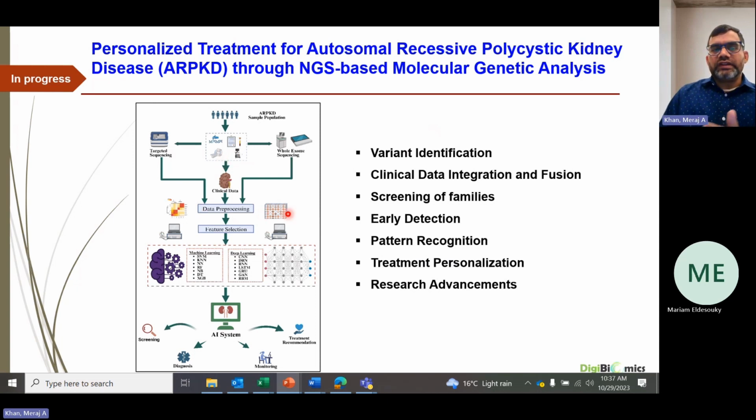Along with that, we're going to collect the clinical data, the environmental data, and the geo-specific data, and combine everything, so that the whole data set from three to four components, not only the genomic, will help us find the pattern in those patients' geolocations, clinical history, and even the family screening, to screen the whole population.